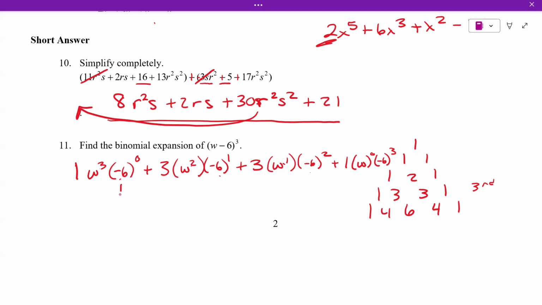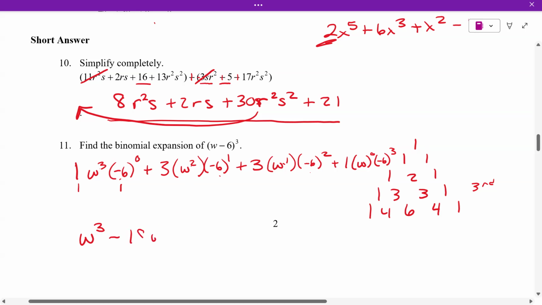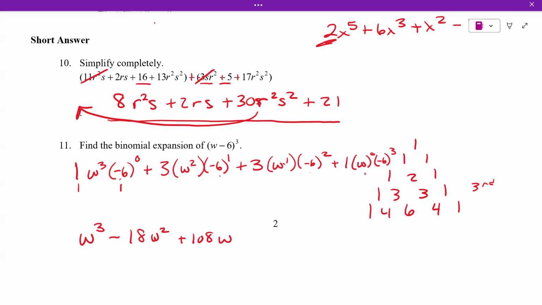So, negative 6 to the 0 power is 1, since anything to the 0 power is 1. So it's 1 times w to the third, so it's w to the third. 3 times negative 6 is negative 18 w squared. Negative 6 squared is positive 36 times 3 is 108 w to the first.